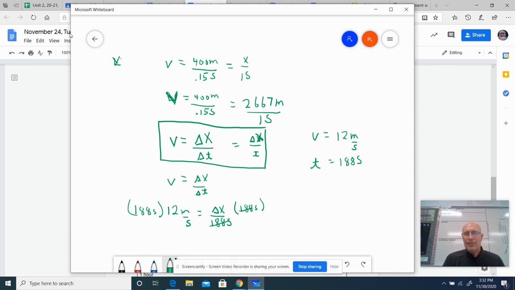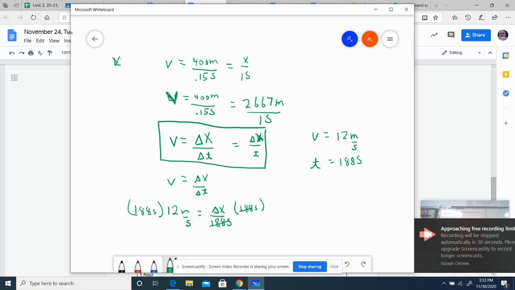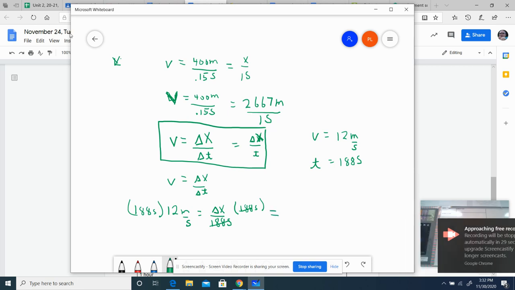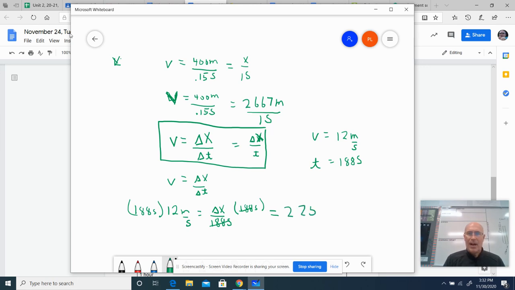And so our answer to find the displacement is going to be 188 times 12. And that's 2256. And so our delta x, our displacement, equals 2256 meters. Okay, and we know it's meters because seconds cancels.